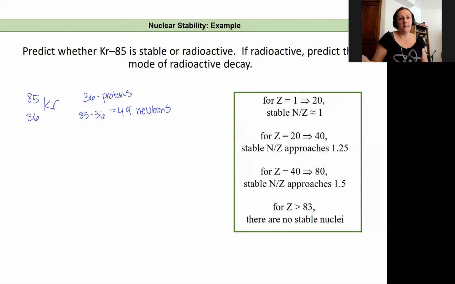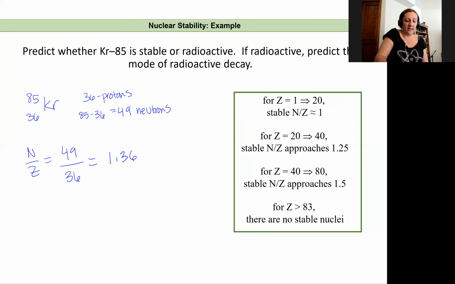So I'll calculate the N to Z ratio, which will be 49 neutrons for every 36 protons. And when I calculate that value, I get 1.36. Now, if this was a very heavy atom, then that would be fine. And if it was a really small atom, it wouldn't be fine. So we have to place krypton in these four ranges of nuclei.